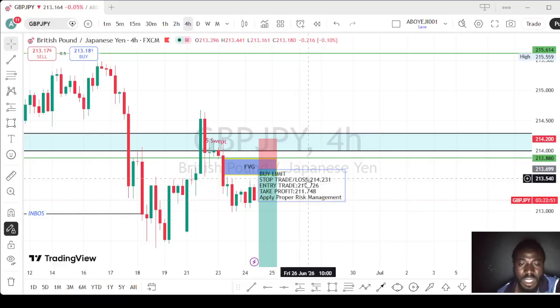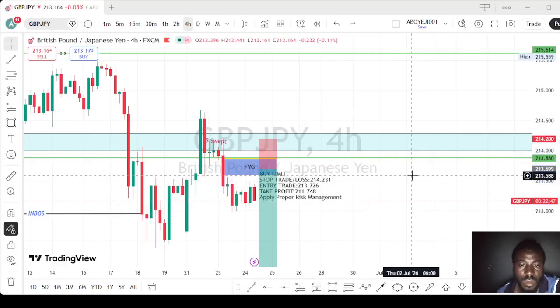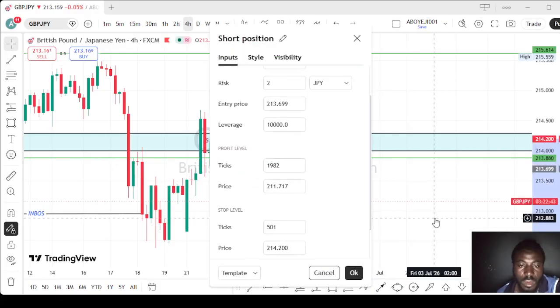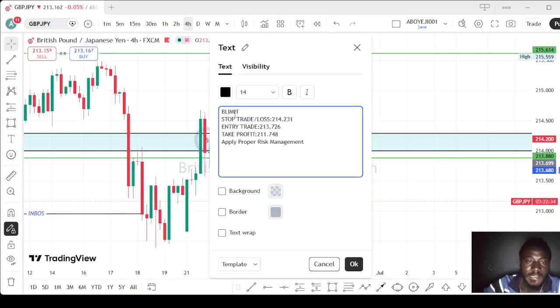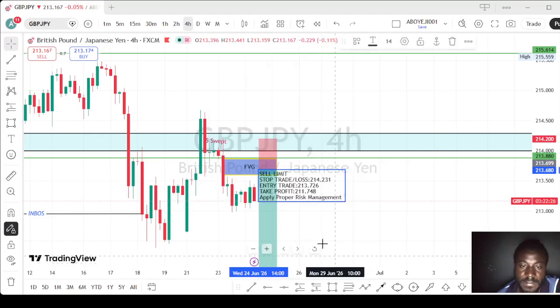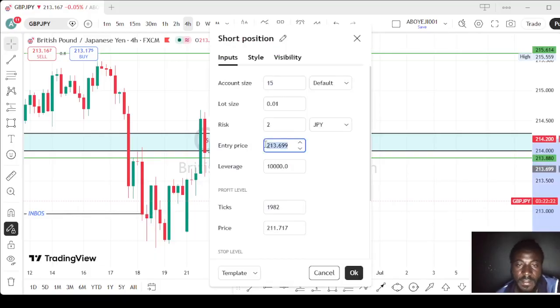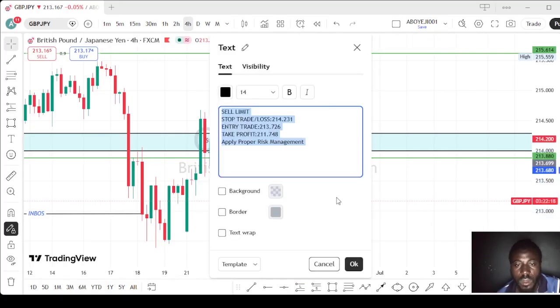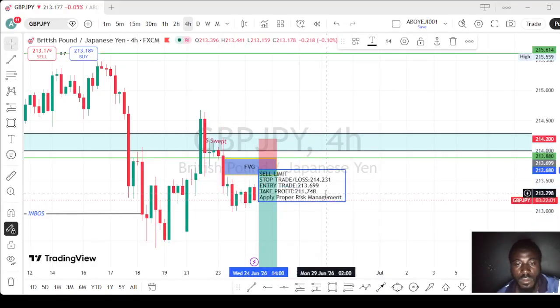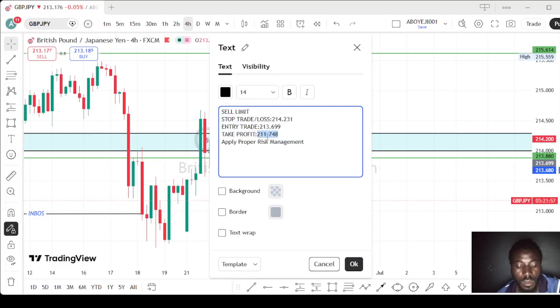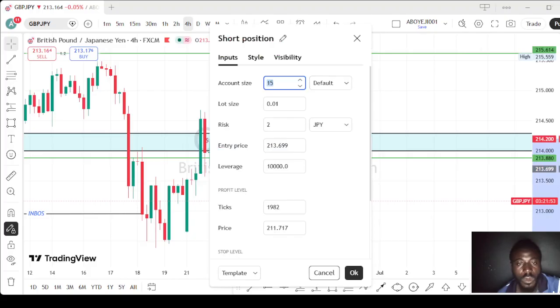I'm expecting the market to come to this FVG before we can see a huge downtrend. So let's set sell limits. This is a sell limit market. Sorry for that. This is my entry. I'll take profits here, and this is our stop.